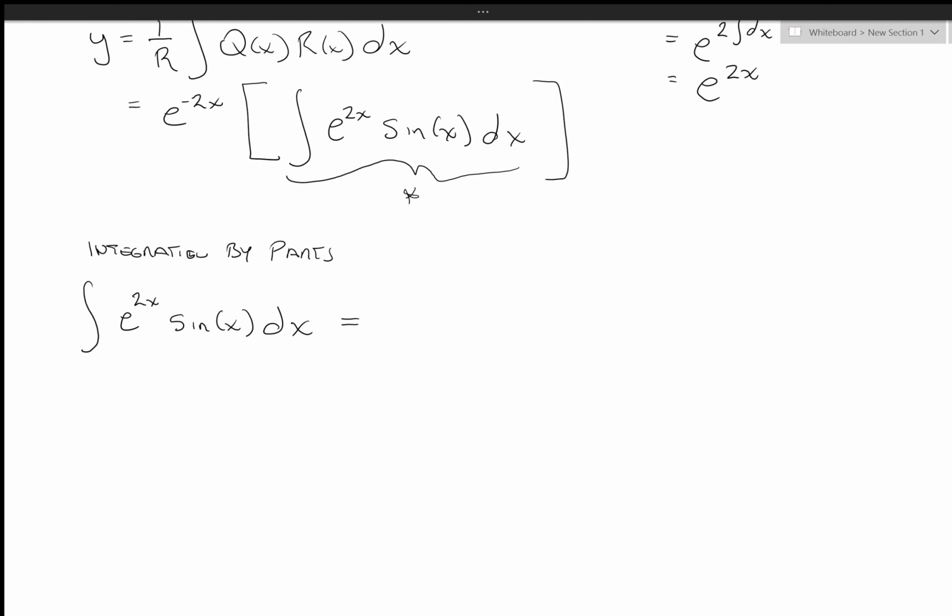So what is integration by parts? The integral of u dv equals uv minus the integral of v du. When we do this, we have to choose what is u and what is dv. And oftentimes, we have to choose u to be one of the sinusoids.